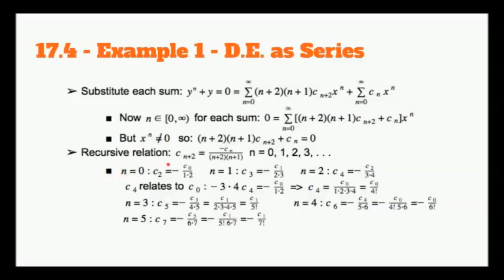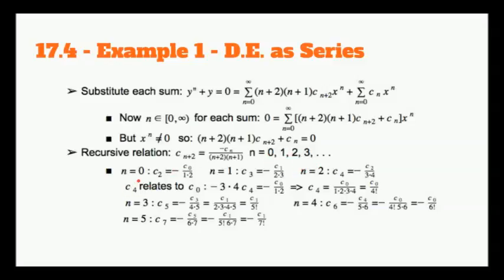The recursive relation tells us that c(n plus 2) is equal to negative cn over (n plus 2) times (n plus 1), where n are integers 0, 1, 2, 3, and so on.